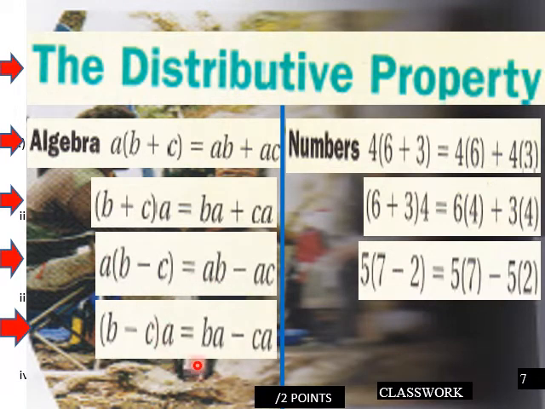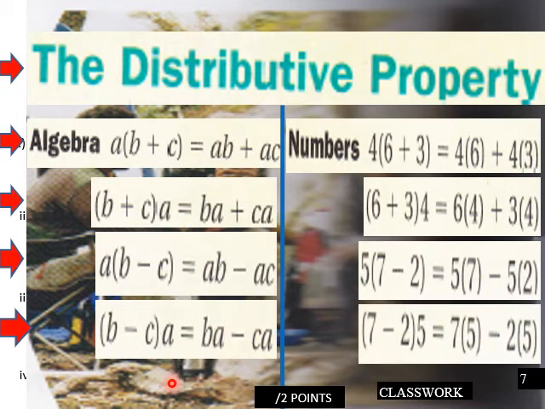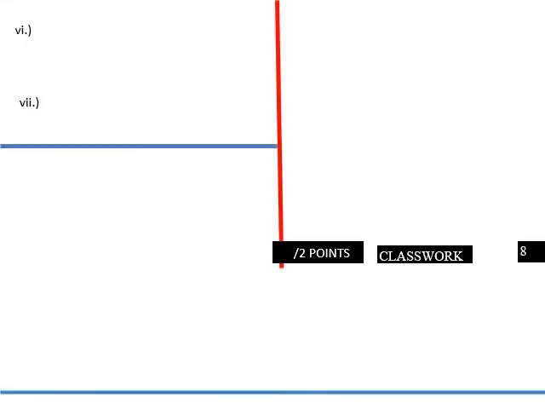And then we have this situation here. Again, this is the symbolic representation of this distribution of multiplication into a difference inside of the parentheses. This would be a numerical representation of that as well.